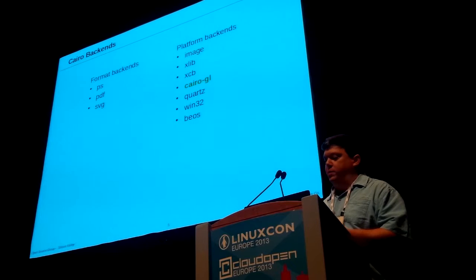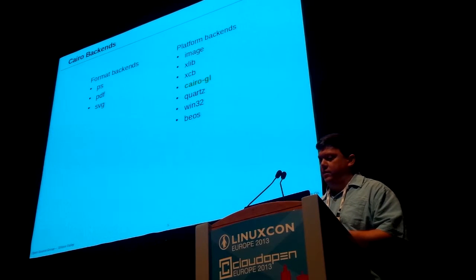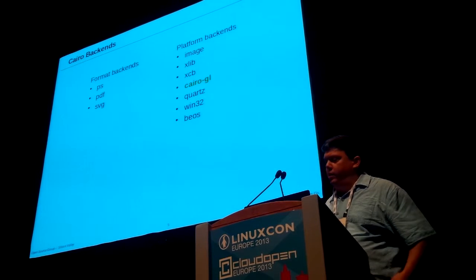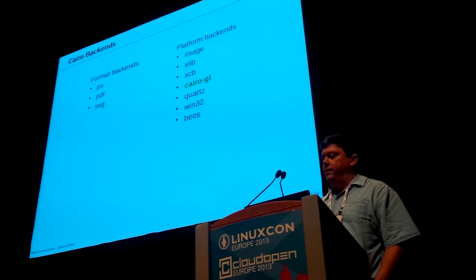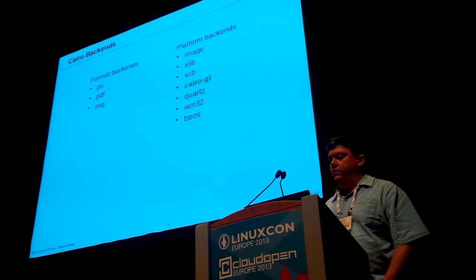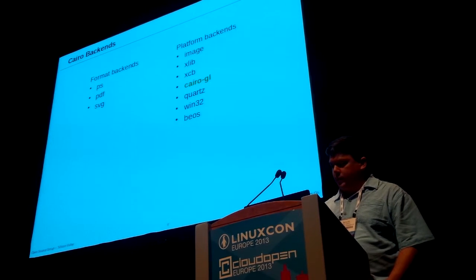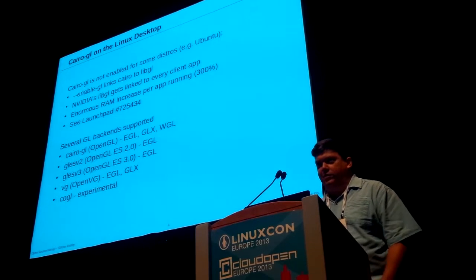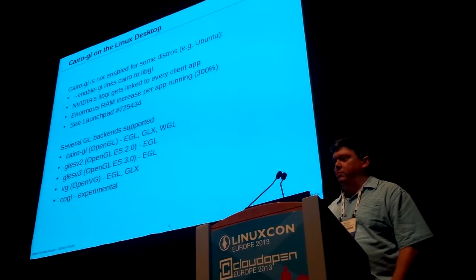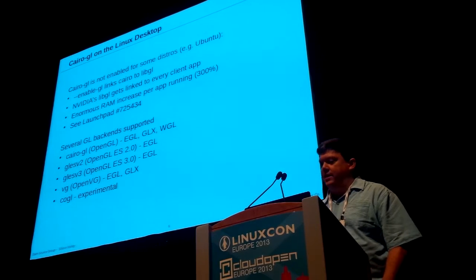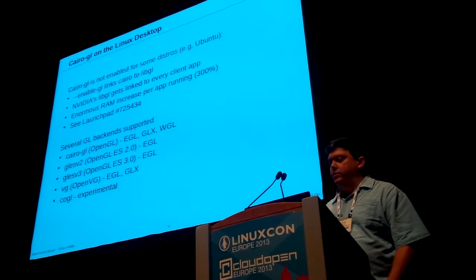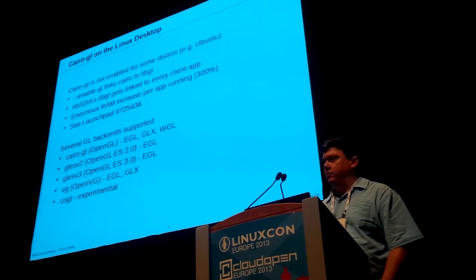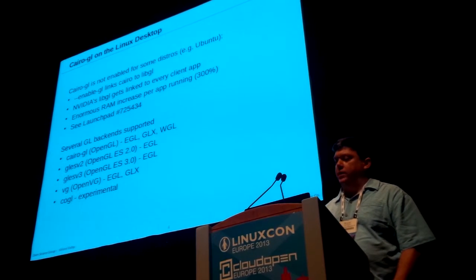And a lot of work's been done, I think this started 4 or 5 years ago, maybe longer, to try to implement a GL-based backend for Cairo. Now, as of today, this isn't available for many Linux users, and the reason is that, at least on Ubuntu, the GL backend is not enabled in Cairo.